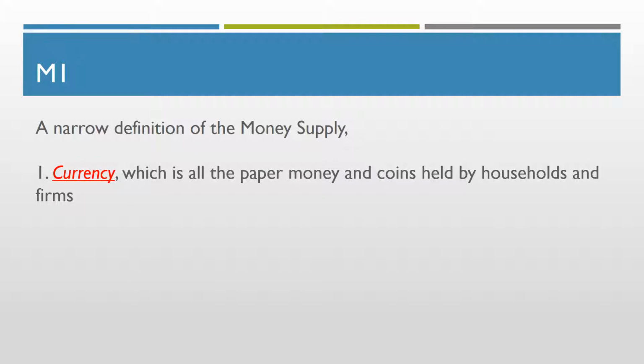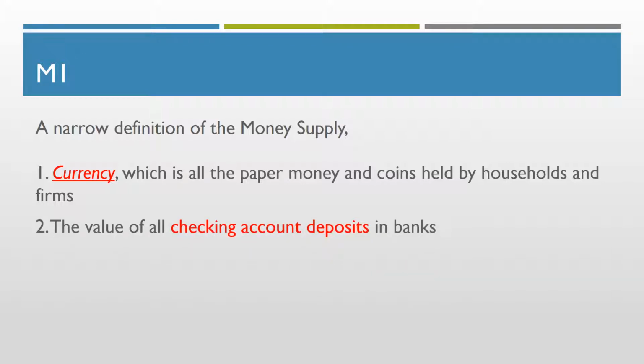Number one, it includes all the currency, which is all the paper money and coins held by households and firms. It also includes the values of all the checking account deposits in the banks, and the values of all the traveler's checks issued in the United States.